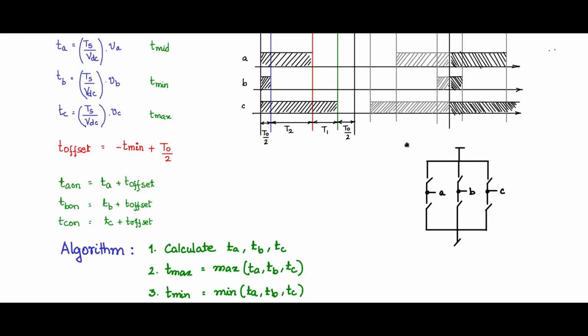So when you make the inversion, you don't do a direct inversion and give it to the other complementary switch. You will have a delay mechanism built into your algorithm.